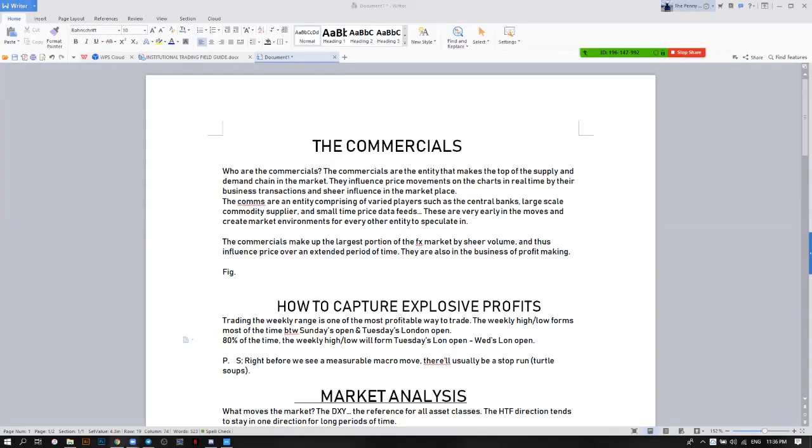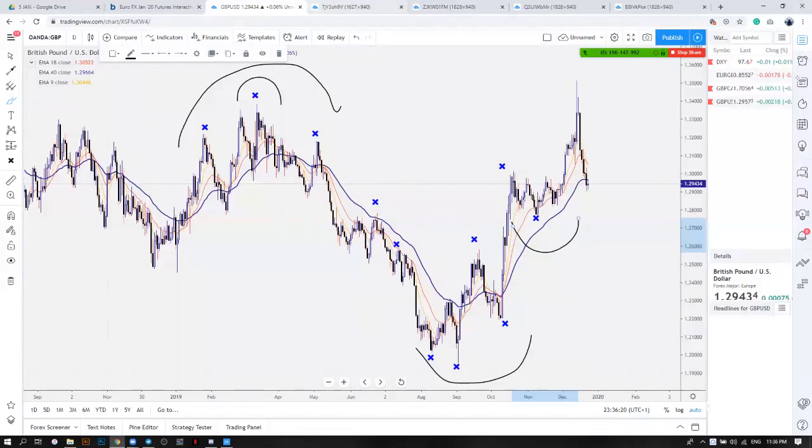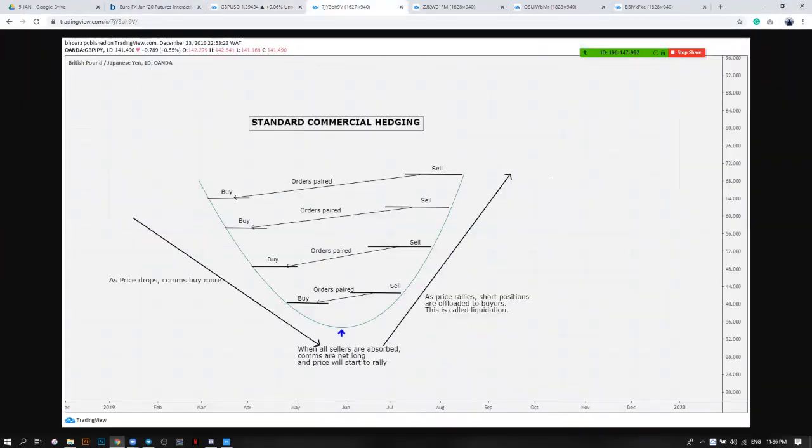All right, so let's go to Google Chrome. So now this is the standard commercial hedging pattern. This is how the commercials create the market environment for every other player in the market to trade in. As the market drops, the commercials buy.